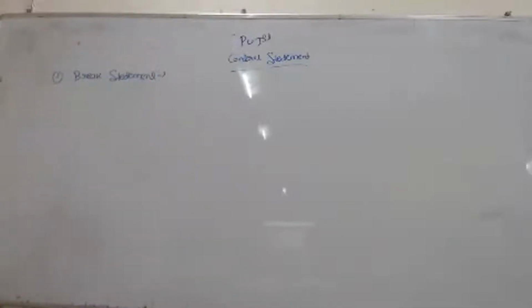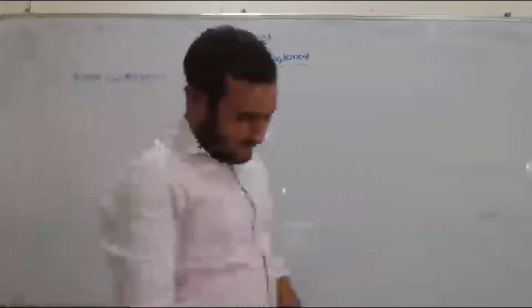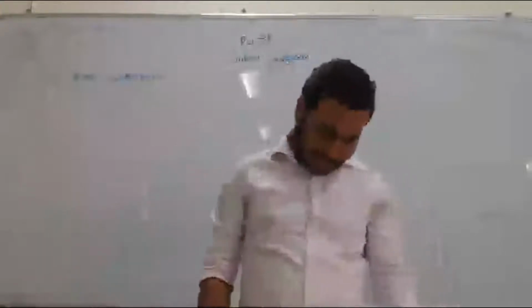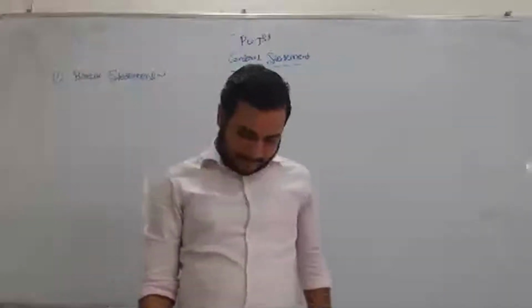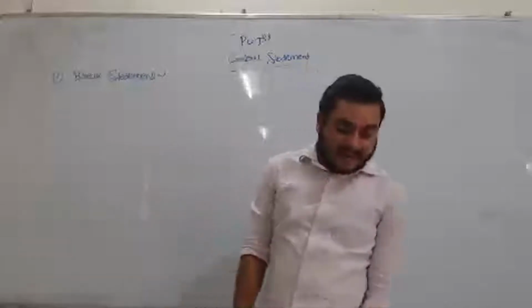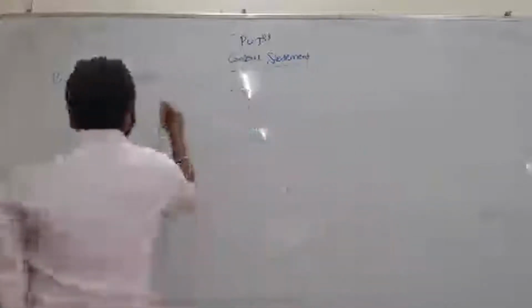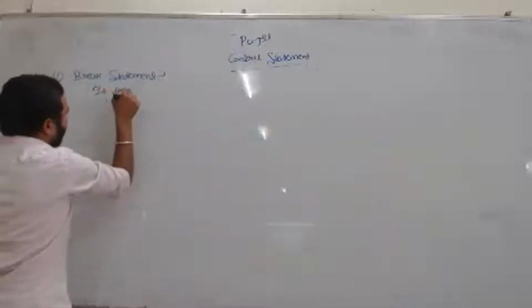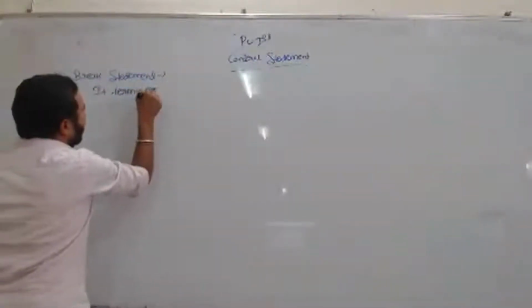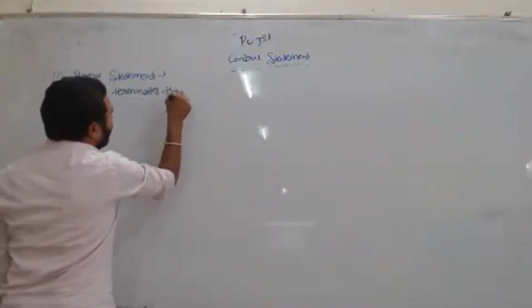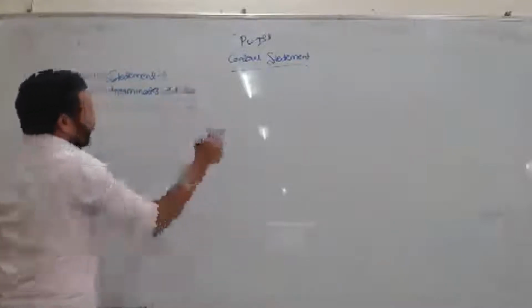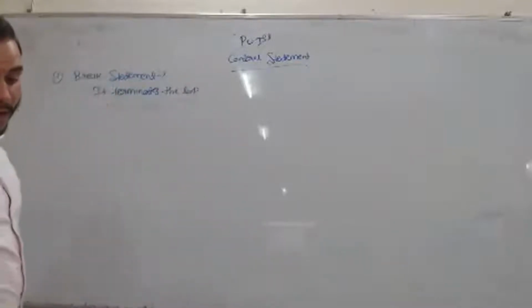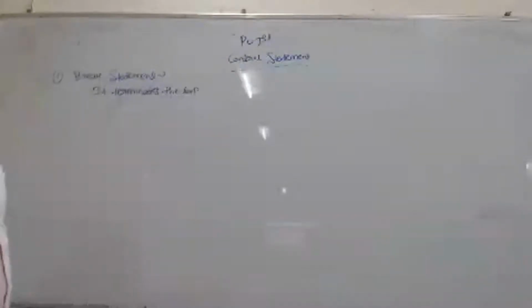The first one is what? Break statement. It terminates the loop.